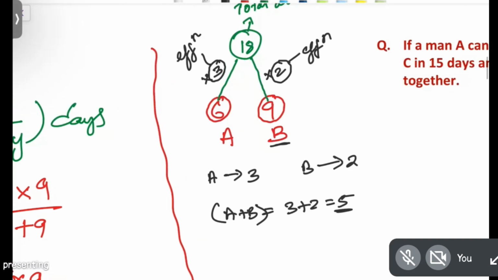There is a total of 18 work that needs to be done. So if you divide, you will get the same thing here, 3 by 5 days. So that is the logical approach.